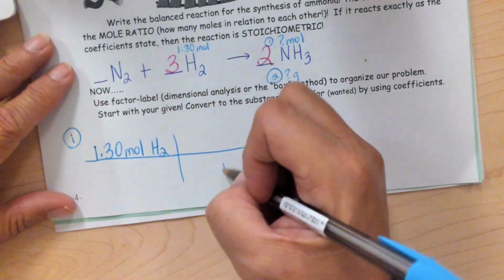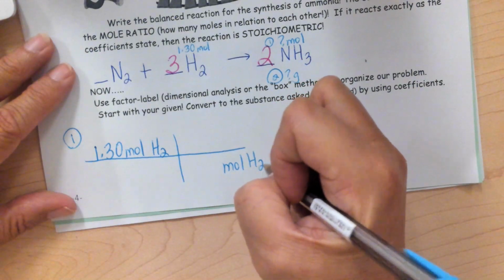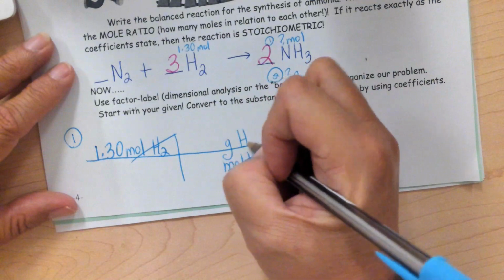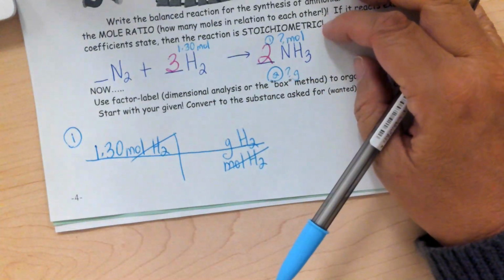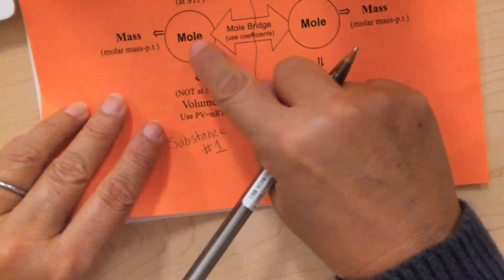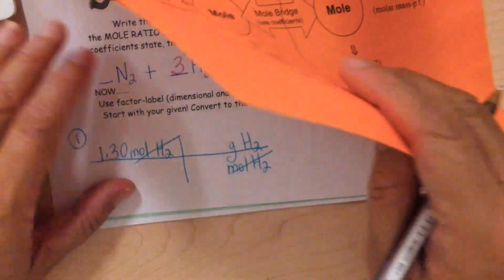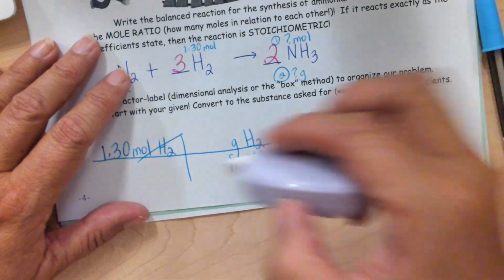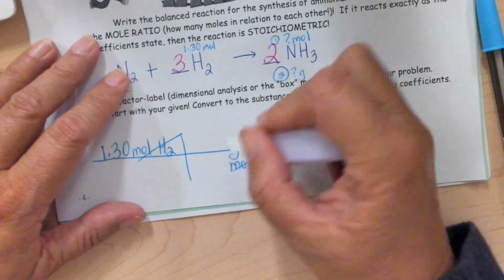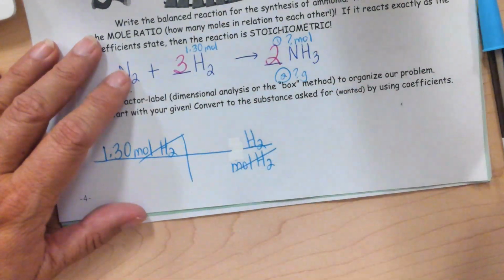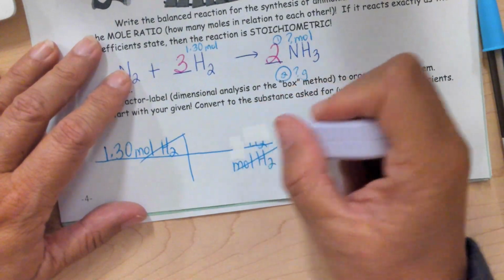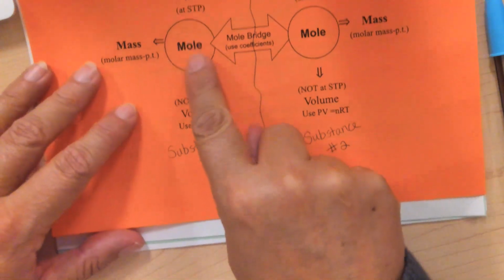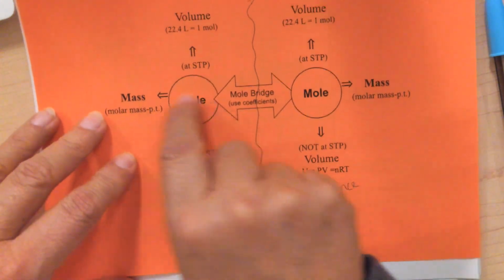And so we're going to take moles of H2 down here because we don't want it. We want it to cancel, and we're going to go to grams. If you are using your mole map, I'm starting at moles. Whoops, I'm not going to grams. What am I doing? Good thing I checked. If I start at moles of a substance, I'm not going backwards, guys.